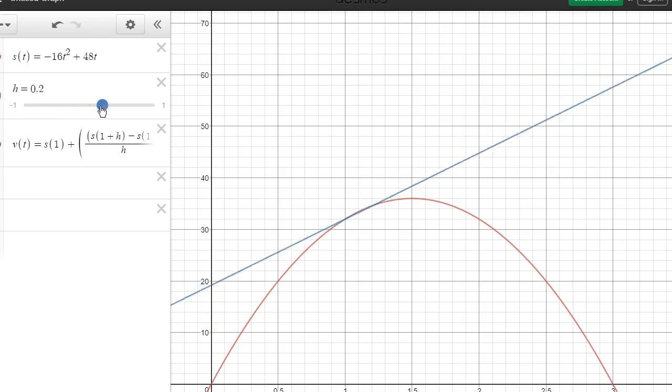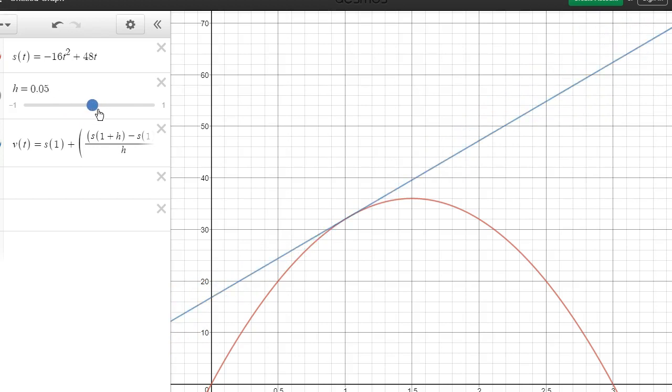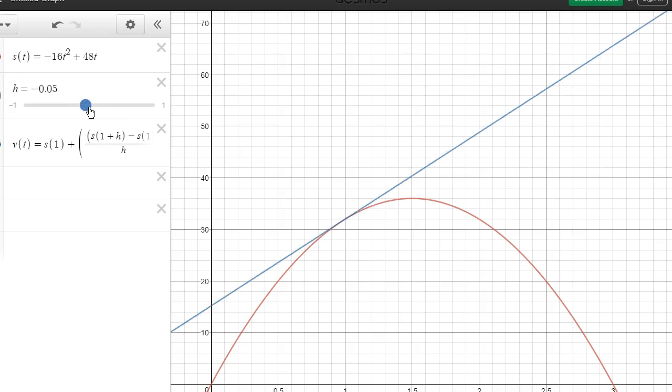It is slightly different slope between slightly different values of h, but right at that point, if it's defined, it's close to 16. So that's what you want to think of as instantaneous velocity, is the slope of this tangent line, the line that only touches the graph at that very one exact point, which I can't actually do because of the way I set it up. So the slope of that is instantaneous velocity.